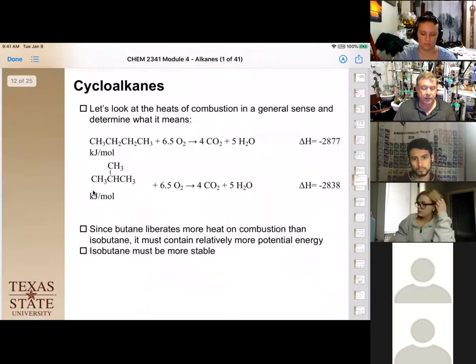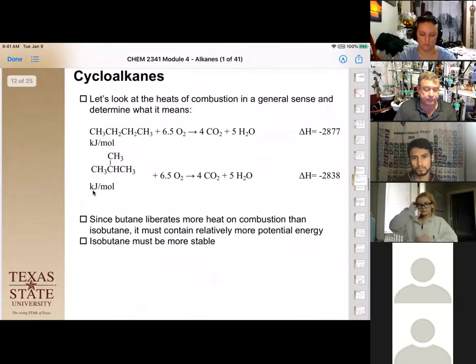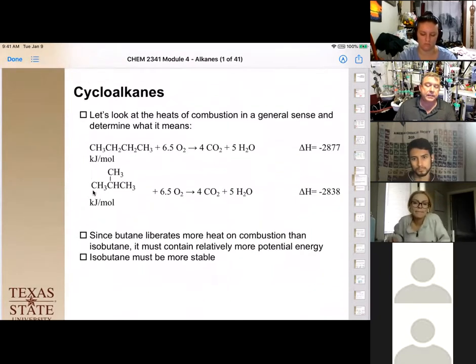Okay, so how do we know this? And what we know is that if we look at the heat of combustion, basically the amount of heat given off when we burn something, that tells us the total amount of potential energy those chemical bonds had when they were in that compound.